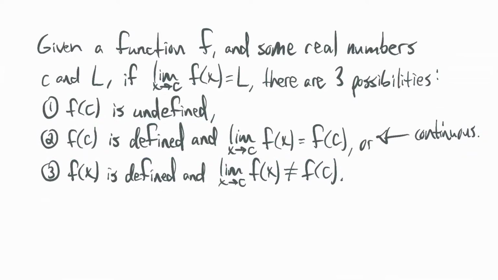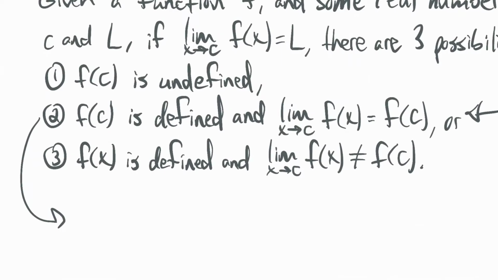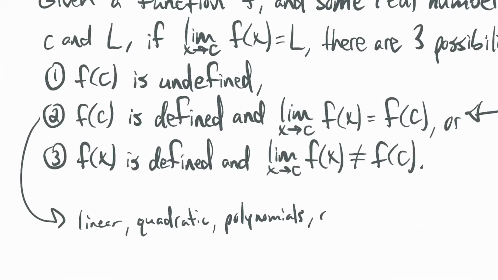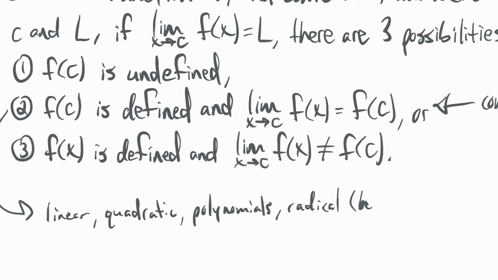So what are the continuous functions? What is the list for which item 2 will happen? Well, this will be all linear functions, all quadratic functions, all polynomials in general. All radical functions, with an exception which we'll deal with later, but you have to be careful about domain for those.